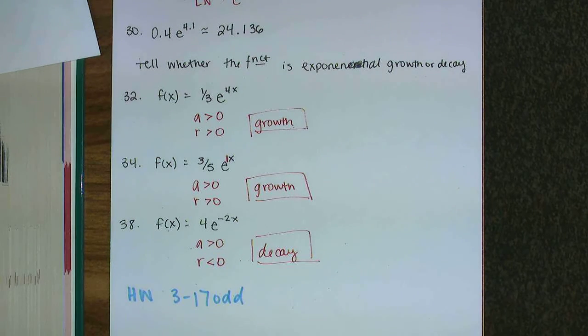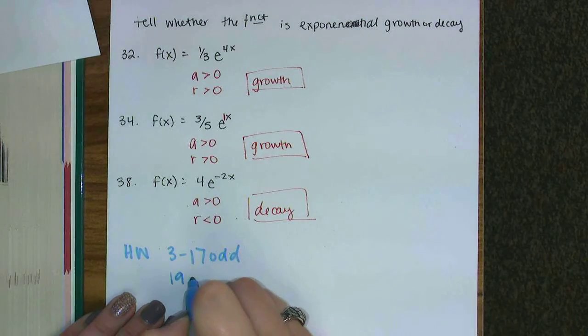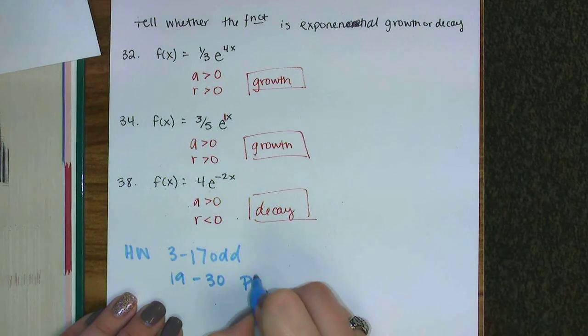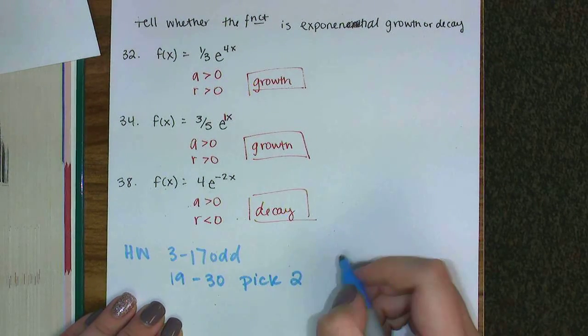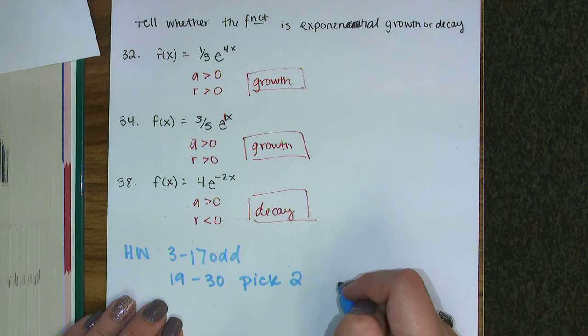For the calculator ones, we're going to say here from 19 through 30, pick 2. So you get to pick your own 2, pick your favorite. As long as you can do them on your calculator, I don't care. You have to show me 2 of them though.